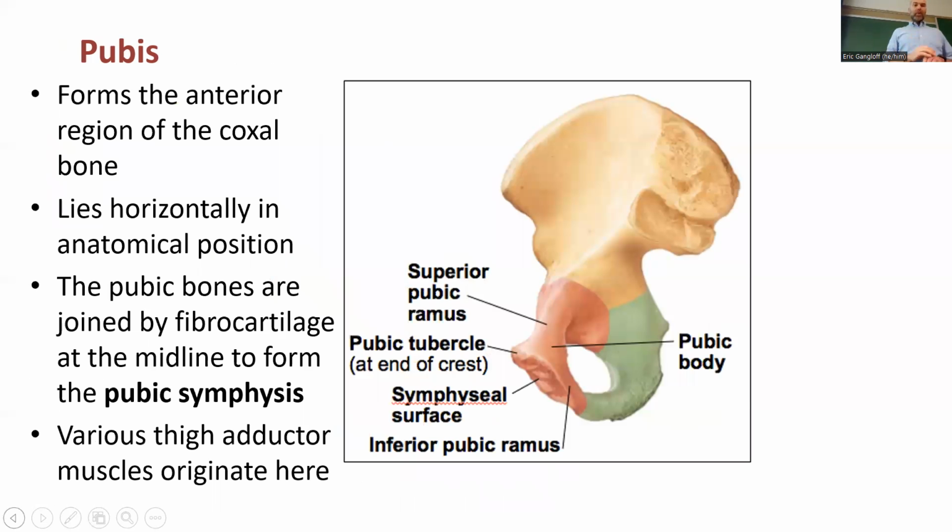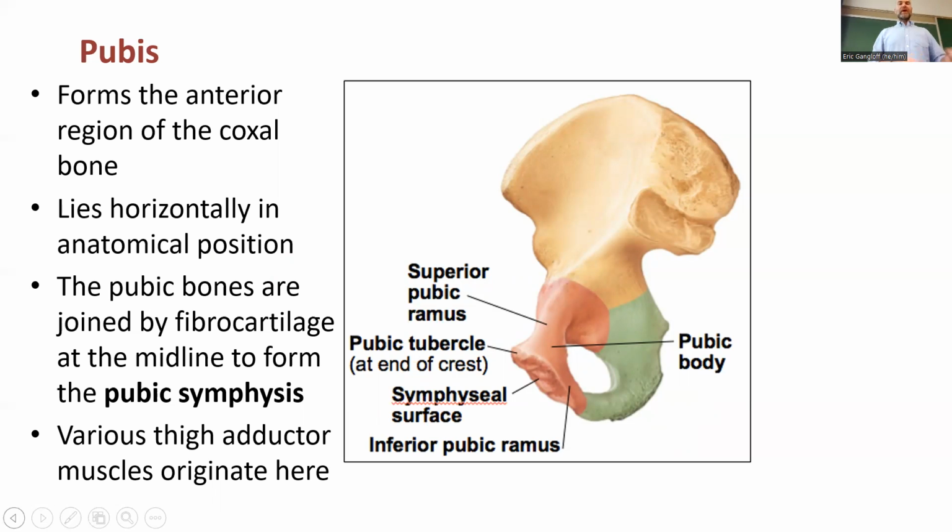So importantly, one feature of the pubis that I want you to know is this pubic symphysis and what's called the symphysial surface. This is where the two coxal bones meet anteriorly. And again, remember, this is that really strong type of cartilage called fibrocartilage that we find in the menisci of your knees, and around the annulus pulposus of the intervertebral discs as well.